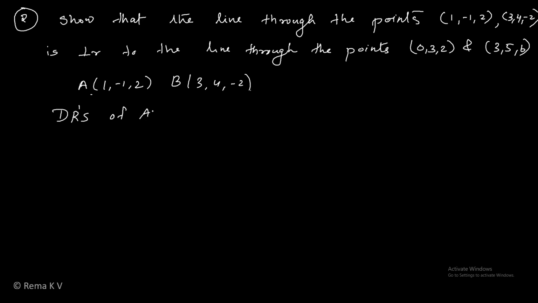How can you find the direction ratios here? What are the direction ratios of this line AB?